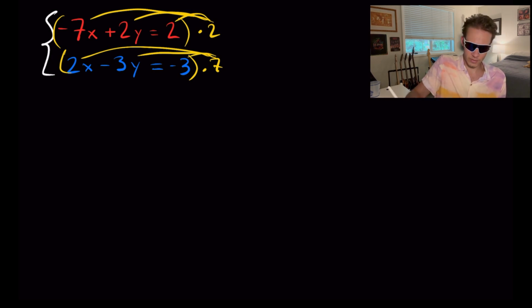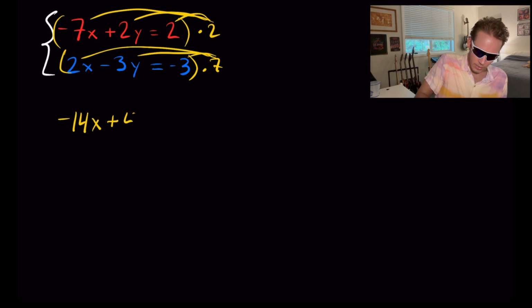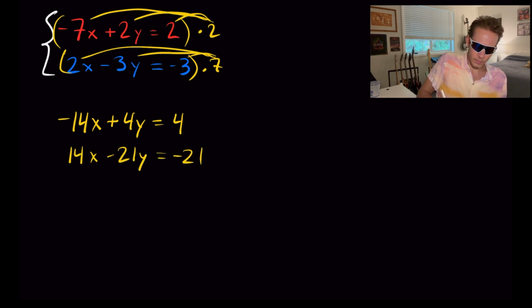So the new equations that I'm going to get are negative 14x plus 4y is equal to 4. That's what this red one is going to become now. And then the blue one is going to become positive 14x minus 21y is equal to negative 21.